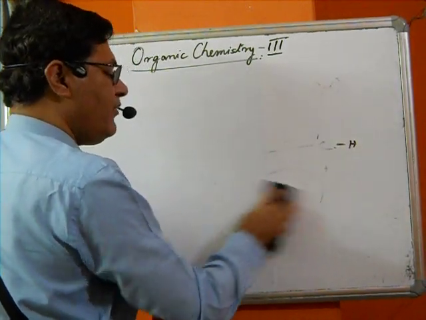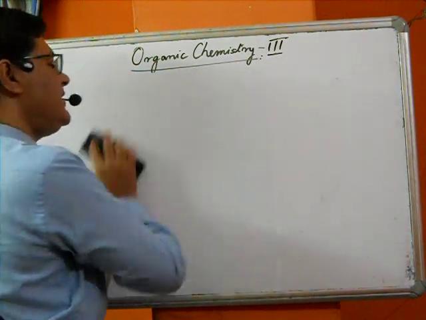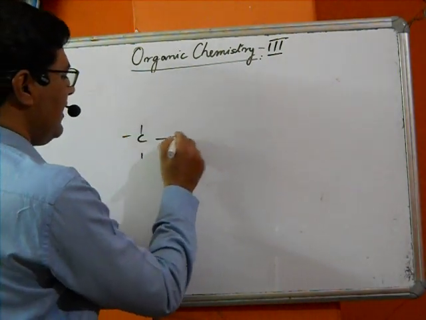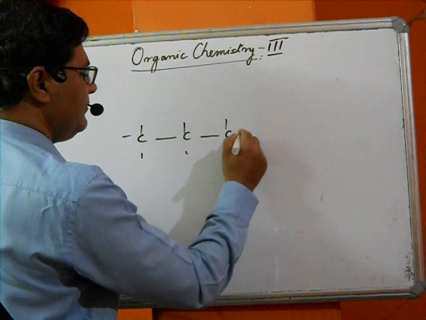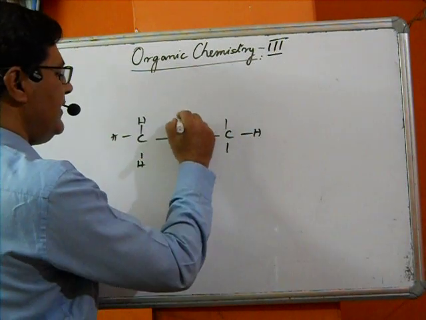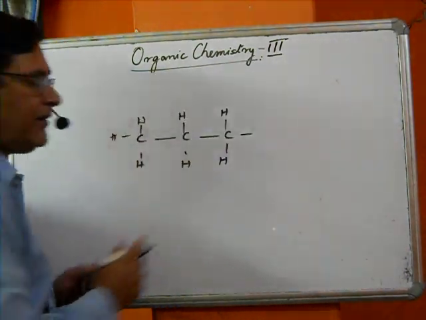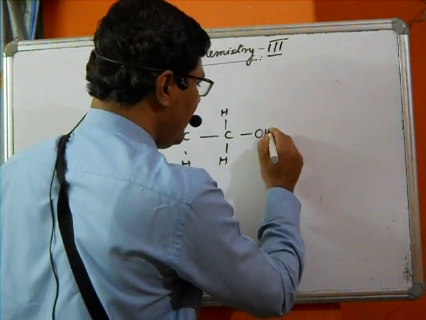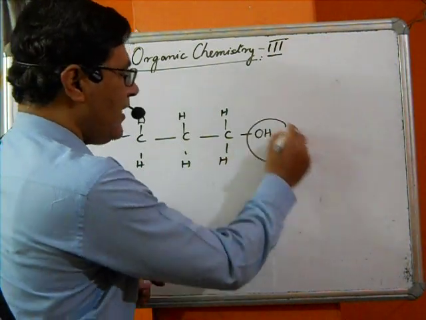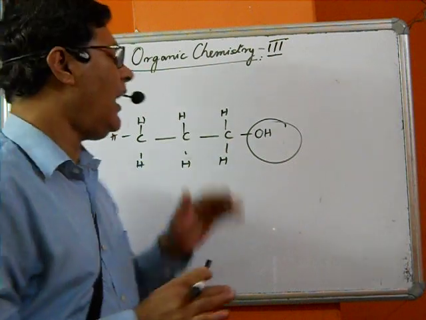Now, in place of hydrogen, if some other group comes and sits over there, suppose this is a compound of carbon and hydrogen, right? This hydrogen is not there. In place of this, OH, a hydroxy group, comes and sits over here. These are known as functional groups, which ultimately change the entire behavior of the hydrocarbon.